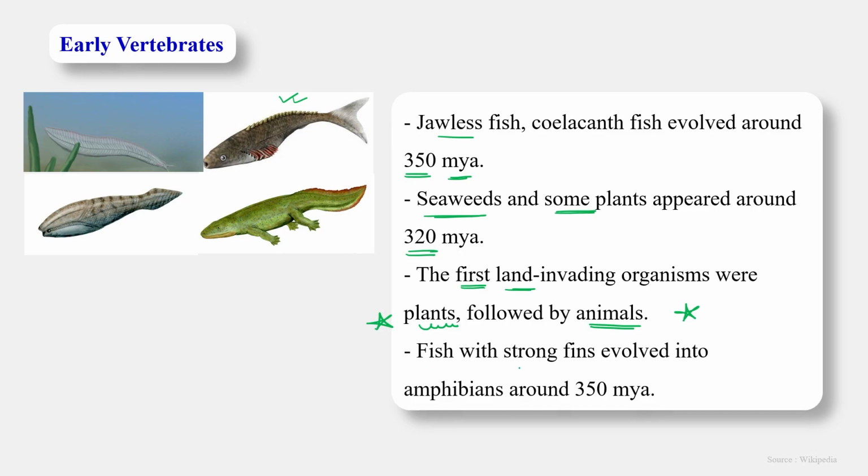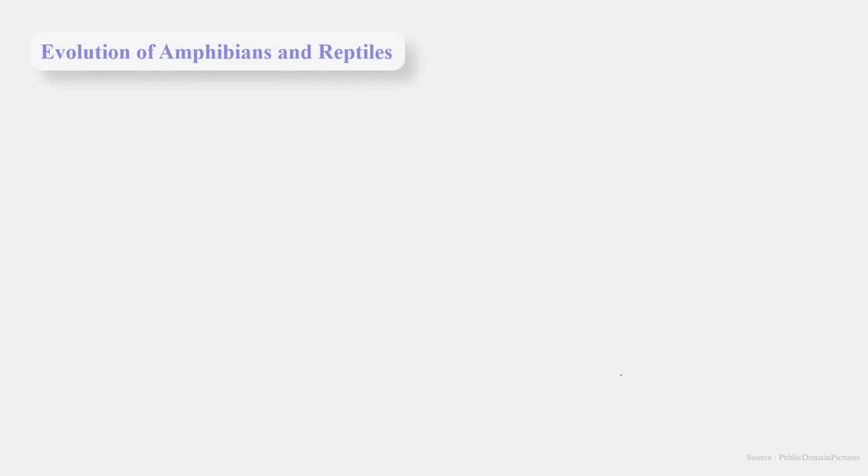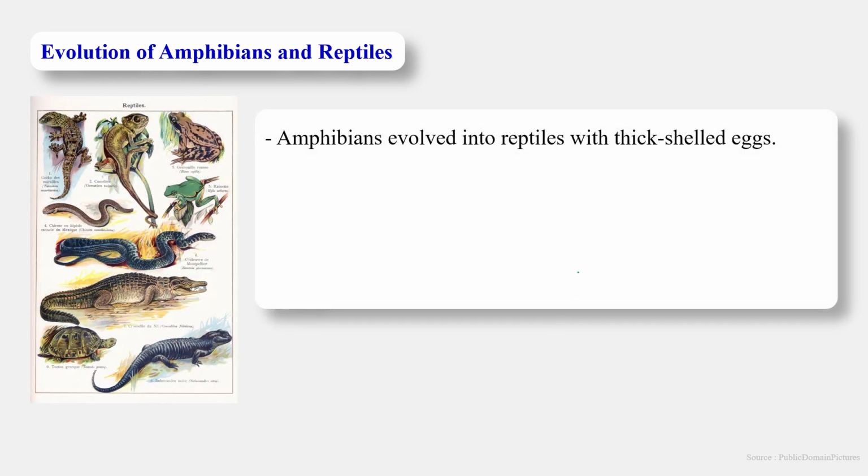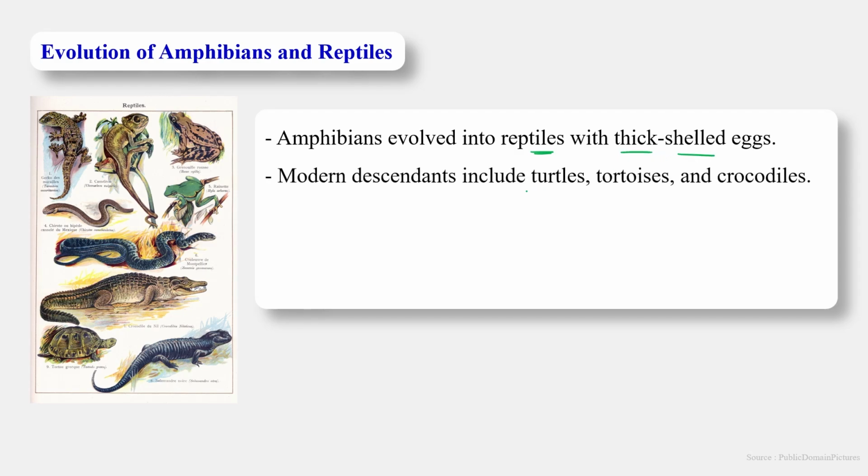Fish with strong fins evolved, initially fish and then fish to amphibian, at around 350 million years ago, and then amphibians evolved into reptiles with thick shelled eggs. Modern descendants including turtle, tortoise, crocodile all belong to this particular group.